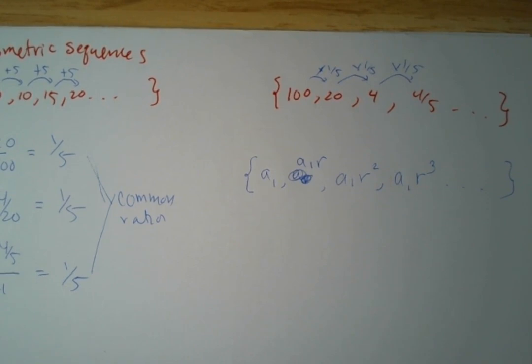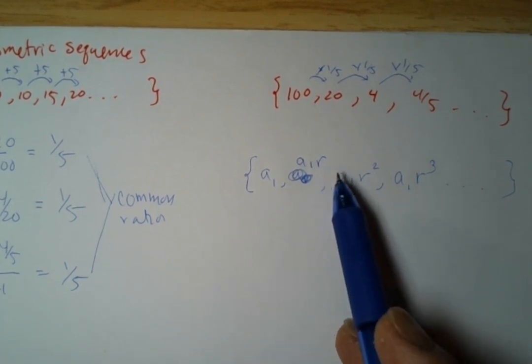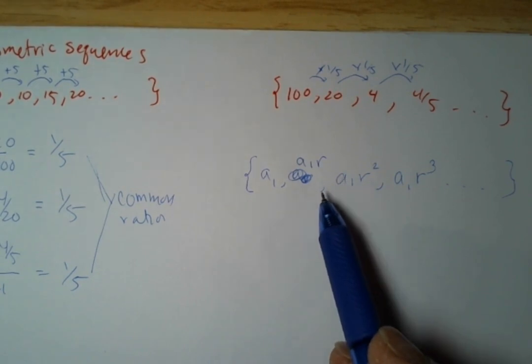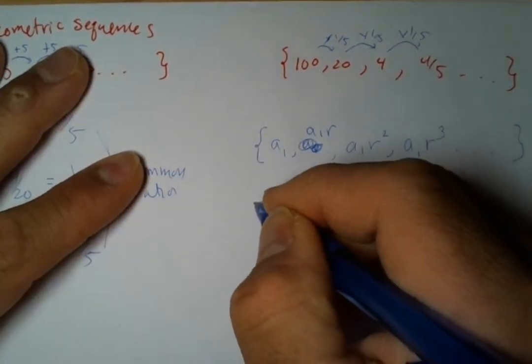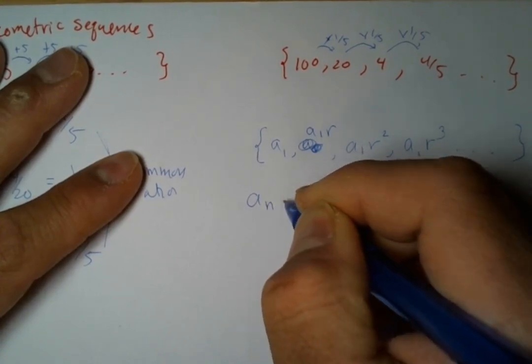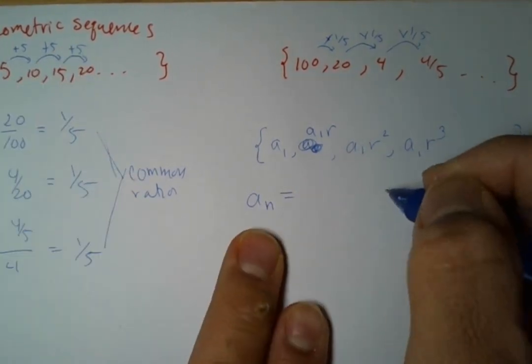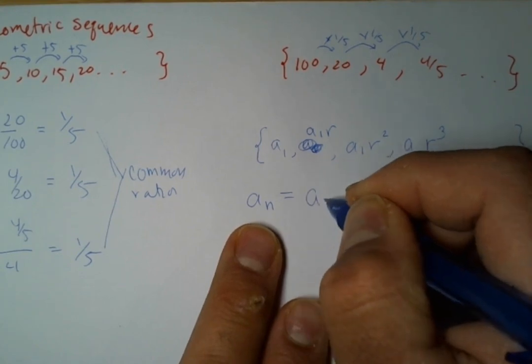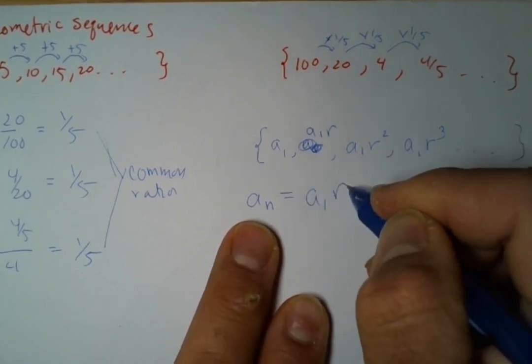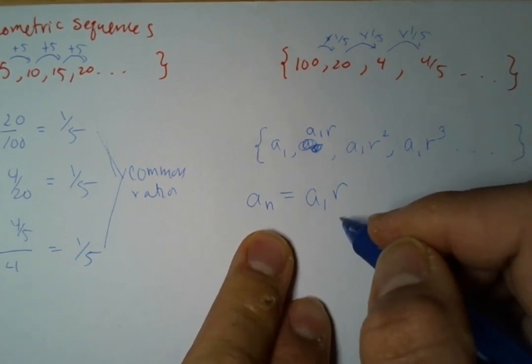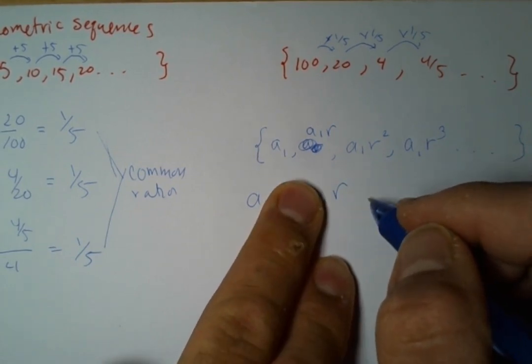Okay, so what we have here is a similar type of pattern as an arithmetic sequence where, instead of adding, we're multiplying in another factor, that factor being the common ratio. And much like in the arithmetic explicit formula, in our explicit formula for the geometric, there's always that factor of A1, and then we multiply in the common ratio. How many factors of that is always one less than the term we're in.